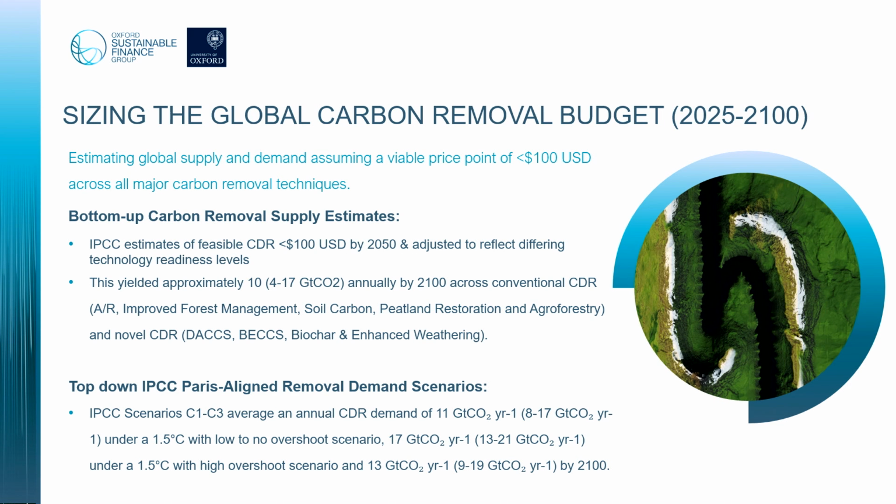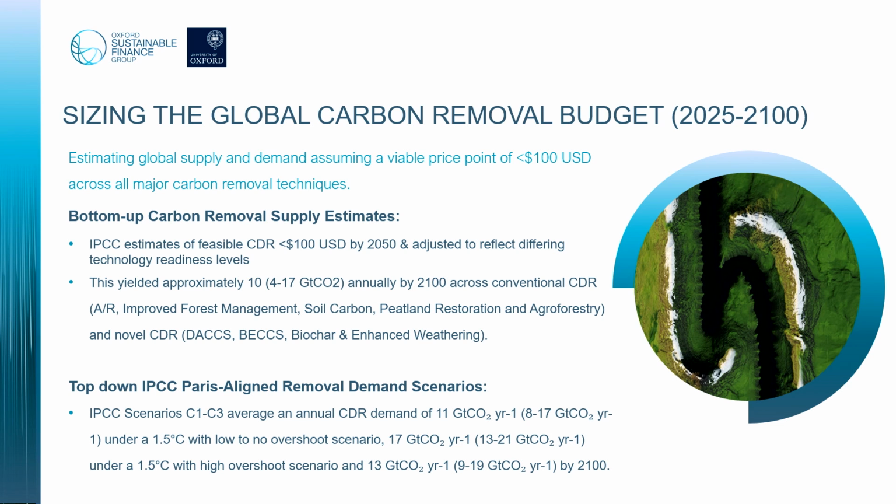In the paper, we sized the global carbon removal budget from 2025 to 2100. And we did so to kind of test this theory about how it applies in practice. And what we did is look at bottom-up carbon removal supply estimates. We used the benchmark of $100 to inform the kind of financial viability.